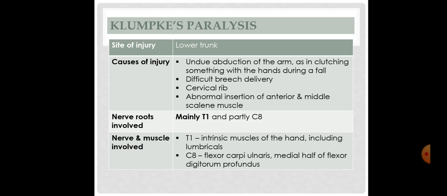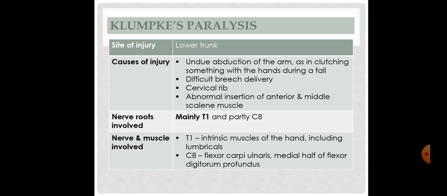Other different causes may include difficult breech delivery, cervical rib, or abnormal insertion of the anterior and middle scalenus muscle. Okay, all may cause Klumpke's paralysis.